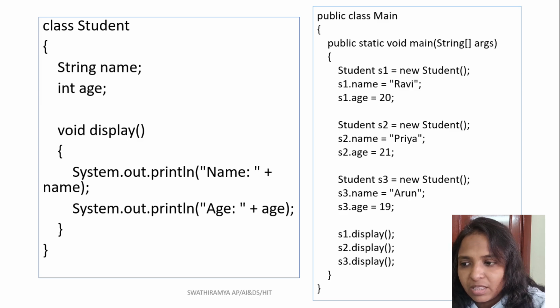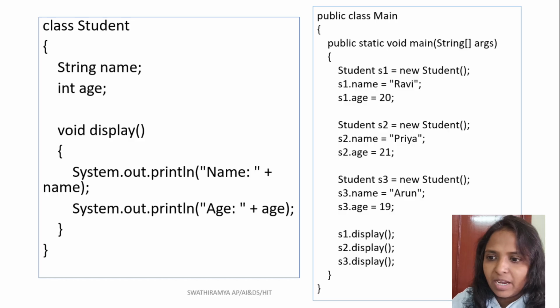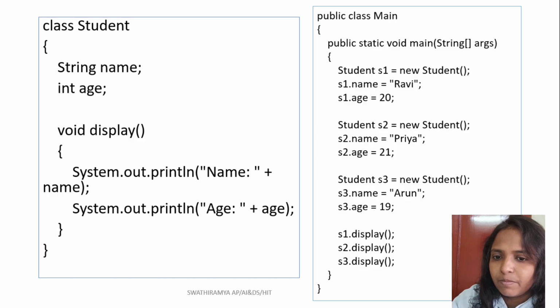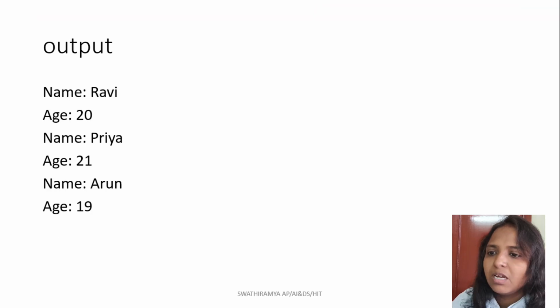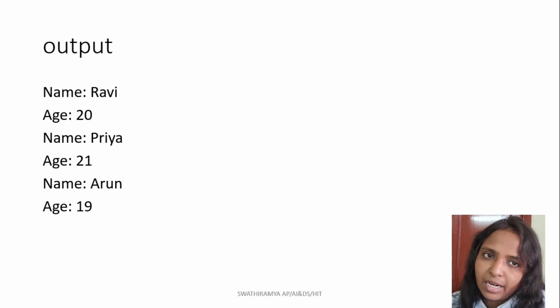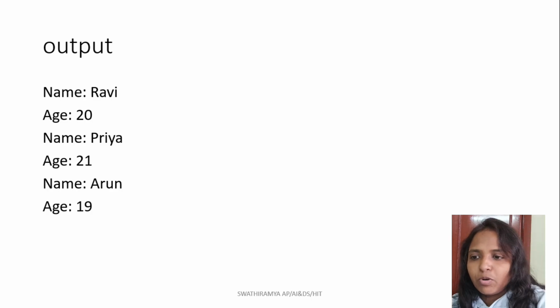With this I am closing this function. What output I will get is very clear: name Ravi, age 20, name Priya, age 21, name Arun, age 19. This is how the output will be.